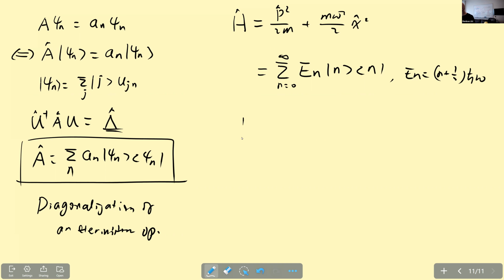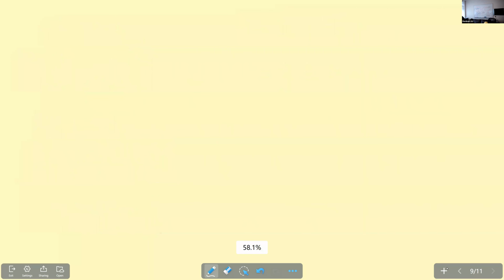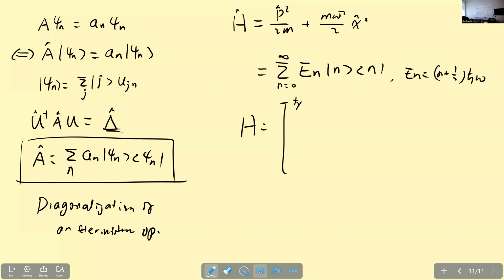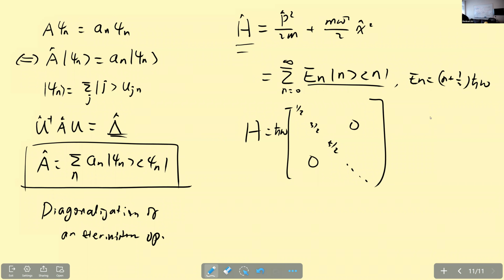So in the matrix form, this H just equals h bar omega times 1/2, 3/2, 5/2. So this is an infinite dimensional matrix. It's diagonalized. Whenever you can write down a Hamiltonian, or any operator, in this form, you say that we have diagonalized it. That is called a diagonalization of the matrix.